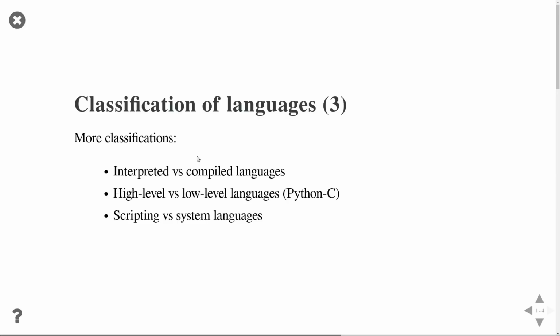High-level means a lot of the technical details are hidden from the user, and you don't have control over these details, while low-level languages give you a lot of control of the technical details. So if you like memory management and these kinds of low-level operations, then you should choose C. And there's scripting versus system languages, and different ways of classifying languages.